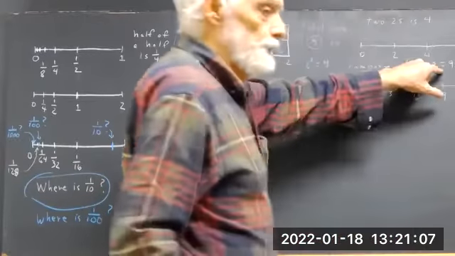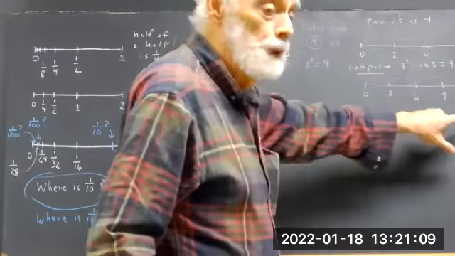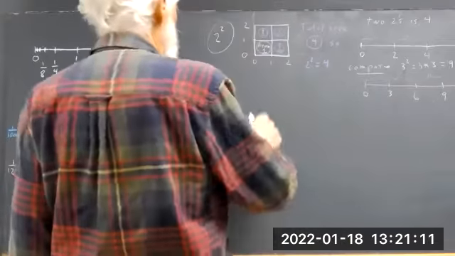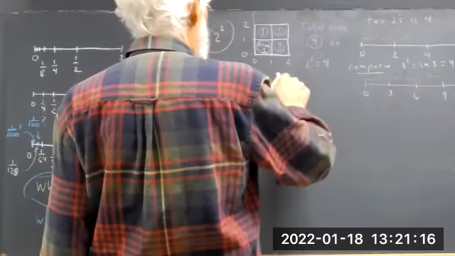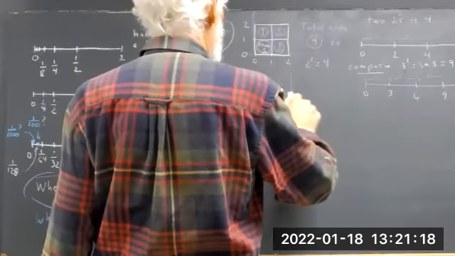Now we know 3 times 3 is 9, but we want to have this picture, 3 times 3, and maybe this picture of 3 times 3. I can label this picture.